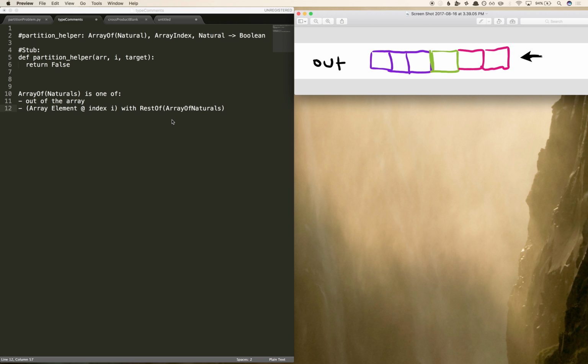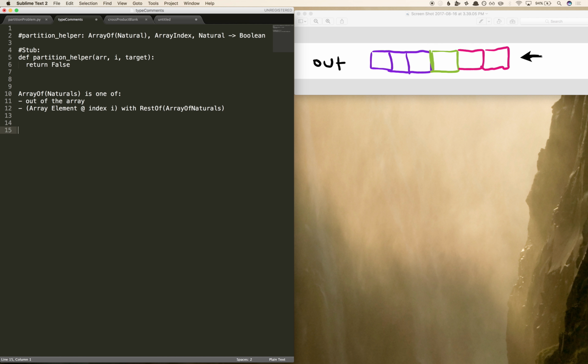And so now we have a target too. So we have the other variable. What is target? We're trying to hit a target value in our problem.